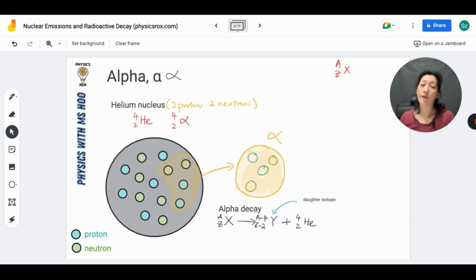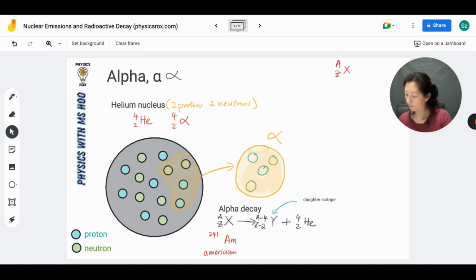To give you an actual example of a radioisotope that has undergone alpha decay, I'm going to use americium-241. Americium-241 means it has 241 nucleons.